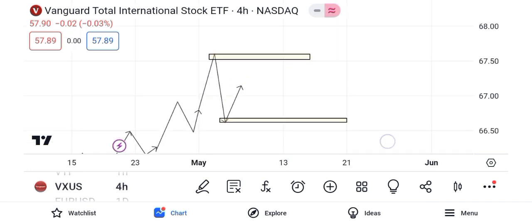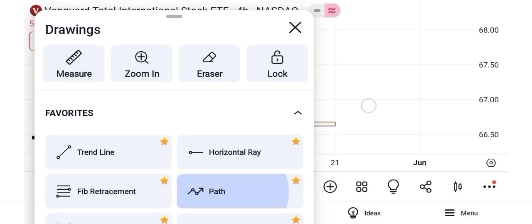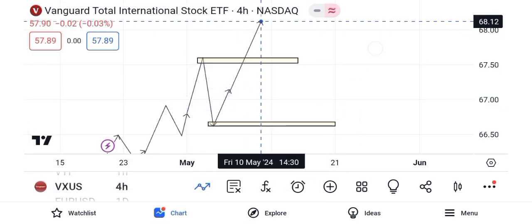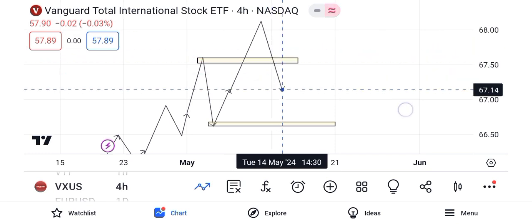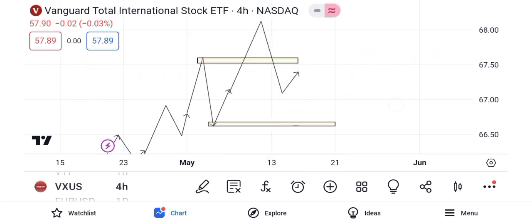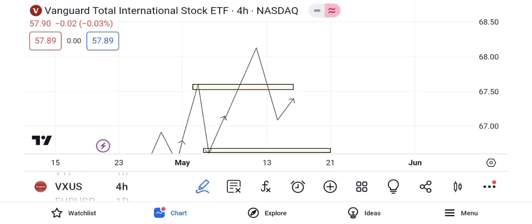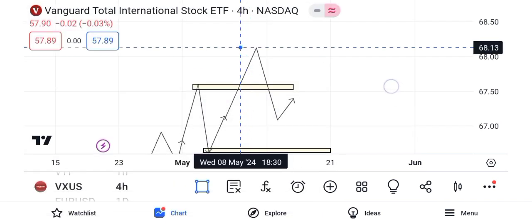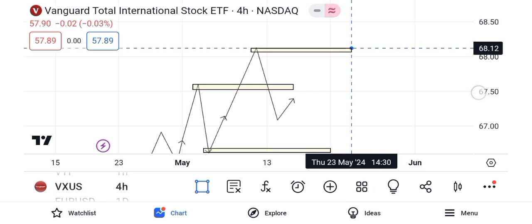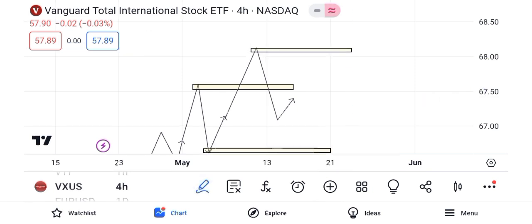Then we wait for the market to do what? To move upward again. And when the market still comes in between it, then we take our rectangle tool again. Then we draw at this point here, then also draw at this point here.